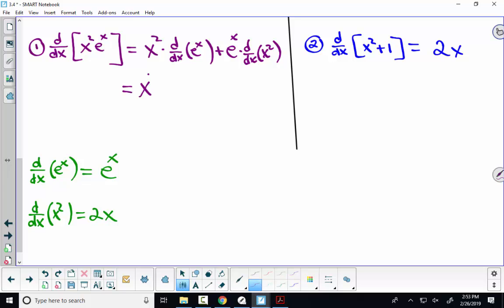So that's x squared e to the x plus e to the x times 2x. So we'll write that as 2x e to the x. Depending on the function, you could end up taking the derivative of a single function, or you have to take the derivative 4, 5, 6 different times, depending on what that function is composed of.